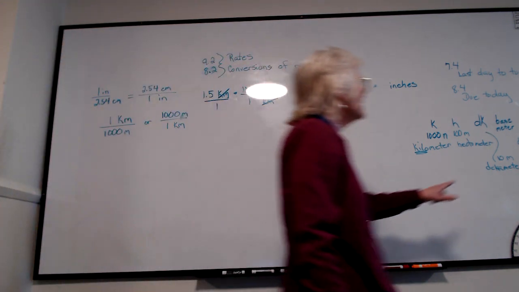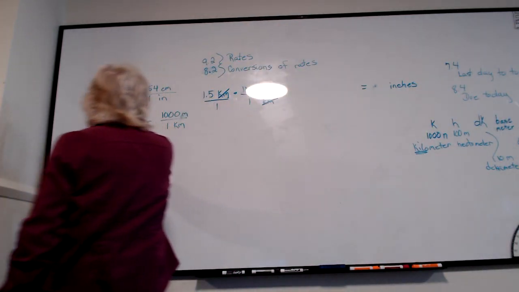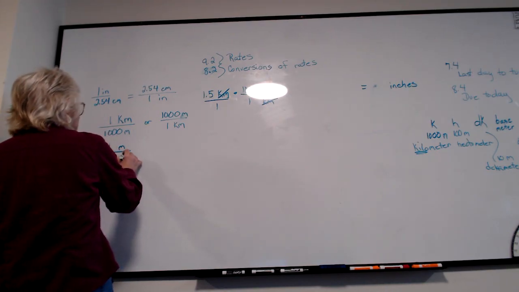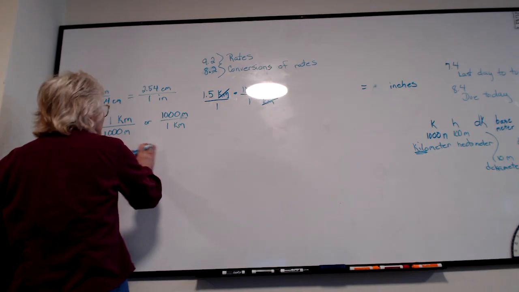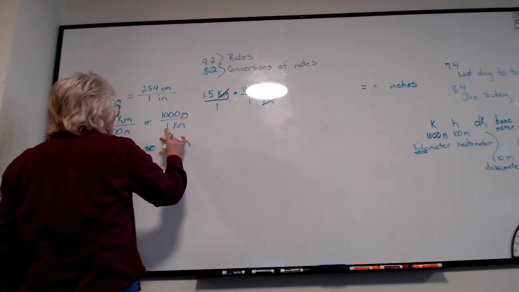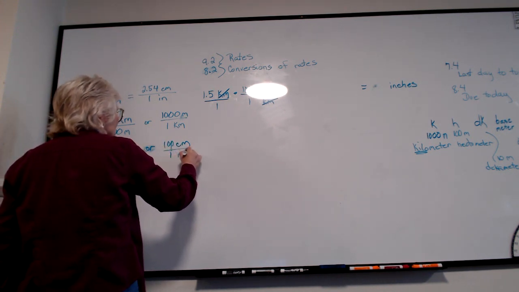From this, 1 meter is the same as 100 centimeters. Okay. 1 meter, because this is 1/100th of a meter, so there must be 100 centimeters in a meter. So that says 1 meter is equal to 100 centimeters, or 100 centimeters equals 1 meter.